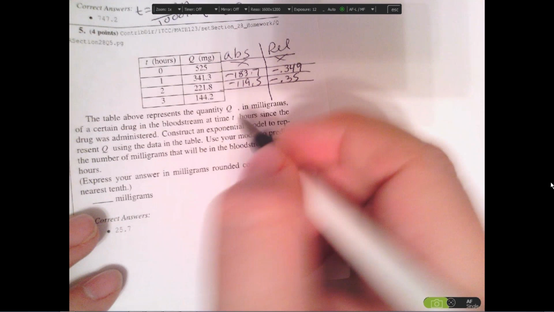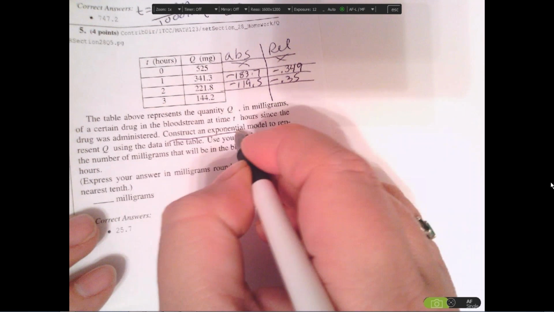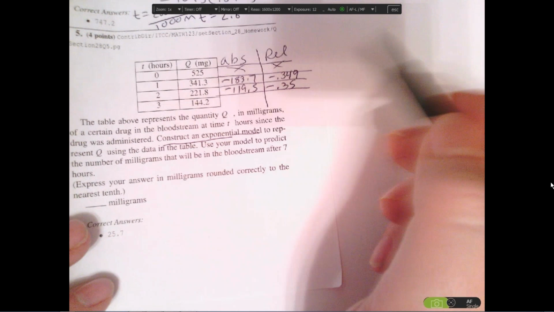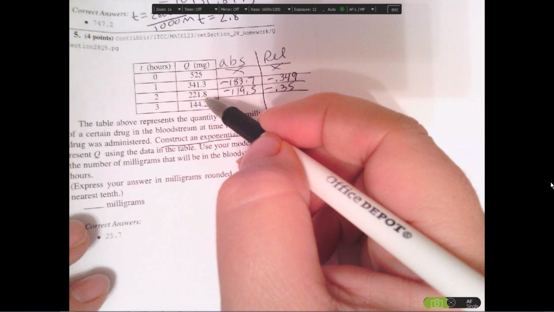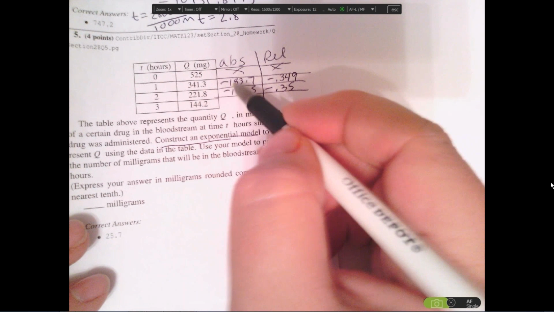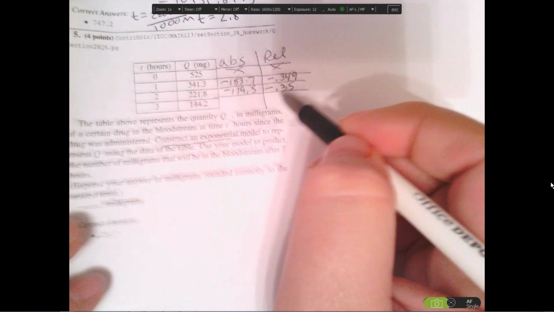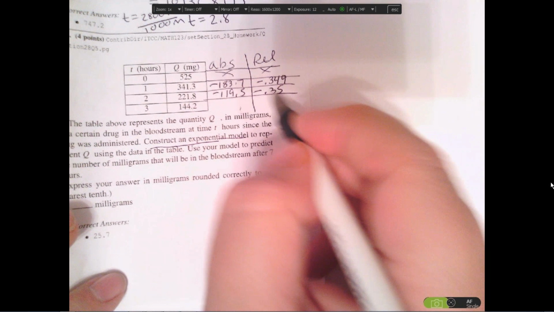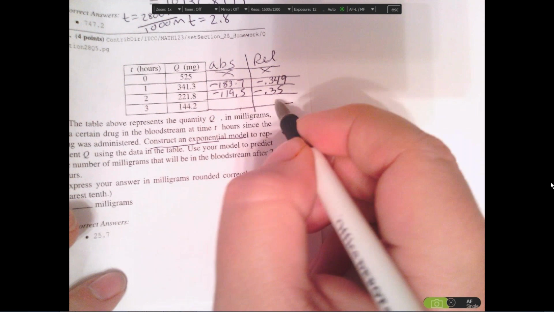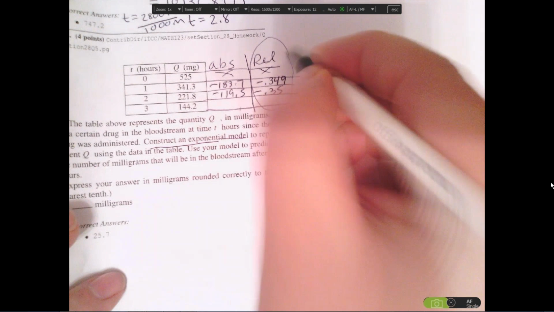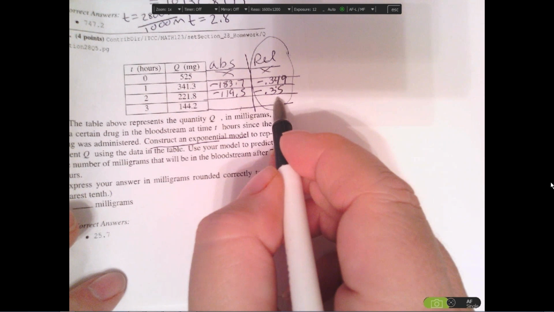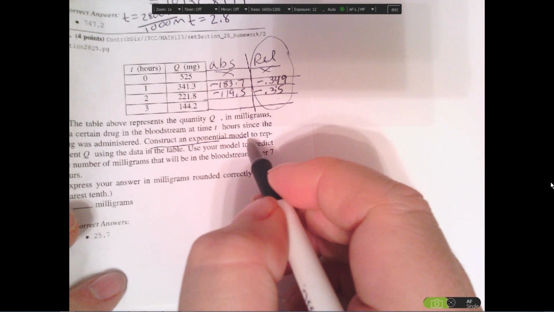Okay, the reason I'm doing this is while this one tells you to construct an exponential model, on the test they might not tell you if it's exponential or absolute. So I'd want you to get in the habit of making an absolute and relative, and this is going to start to tell you, if you do all 3 of them, looking at the relative that rounds to 0.35, this is telling you that it's exponential.